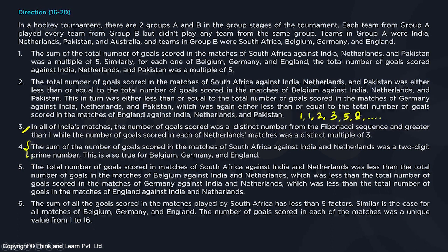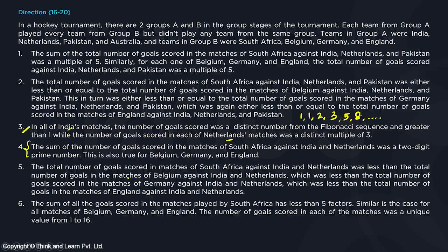Fifth, the total number of goals scored in matches of South Africa against India and Netherlands, so India and Netherlands are discussed in the third condition, was less than the number of goals in the matches of Belgium against India and Netherlands, which was less than the total number of goals scored in the matches of Germany against India and Netherlands, which was less than the total number of goals scored in the matches of England against India and Netherlands.